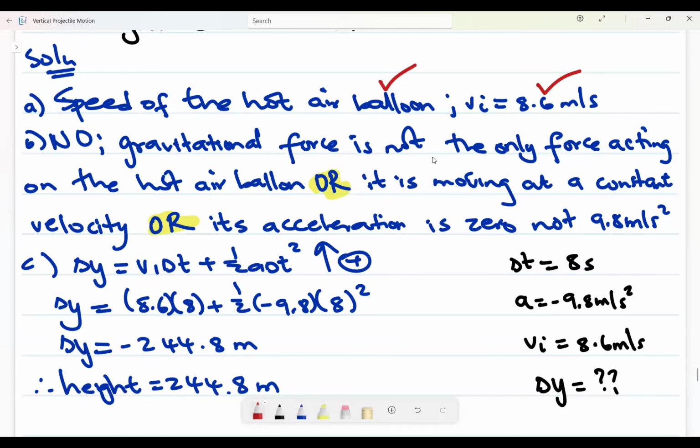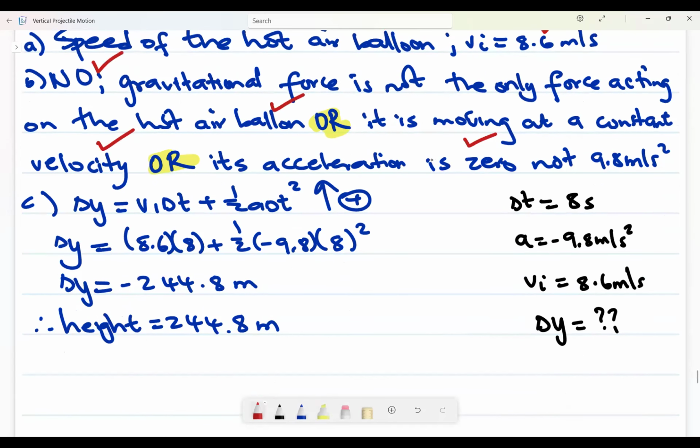Here, for no, it is 1 mark for saying not only gravitational forces acting on the balloon, or 1 mark for saying it is moving at a constant velocity, or 1 mark for saying that its acceleration is 0, not 9.8 meters per second squared. Here, 1 mark for formula, for substitution, everything correctly.